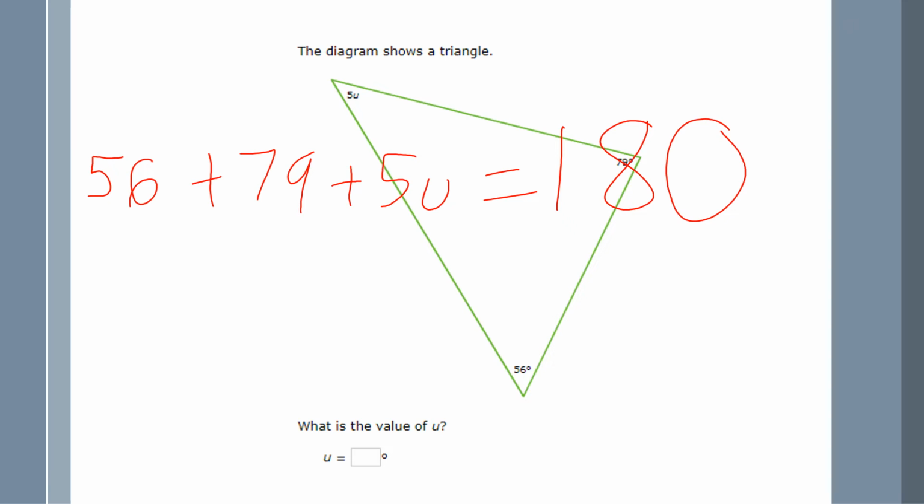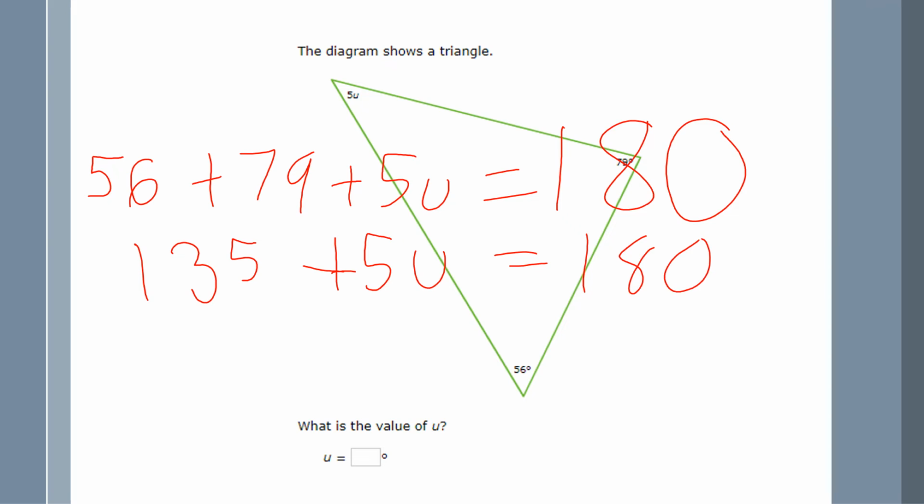So let's do some addition and get this one out of the way. 56 plus 79 is 135 plus 5u equals 180. Now you're going to have to solve this like you do with an equation.